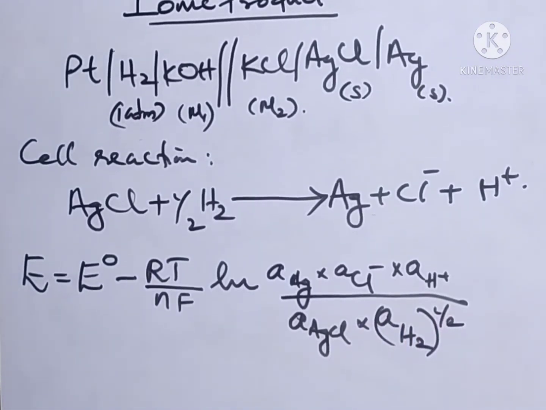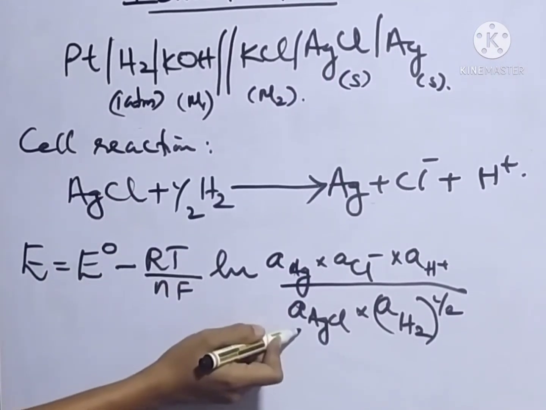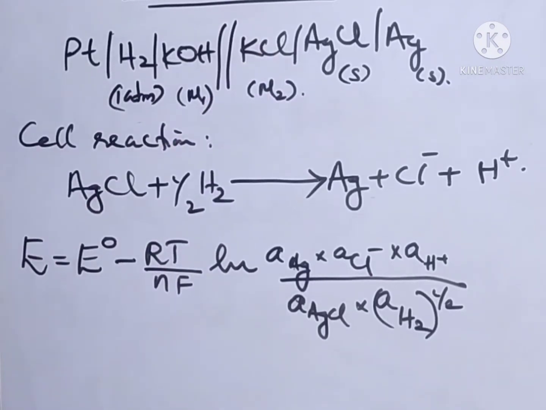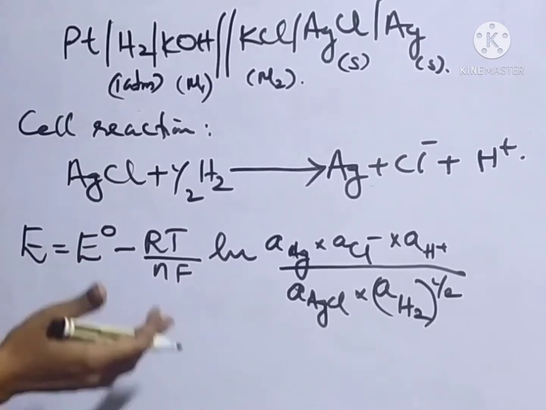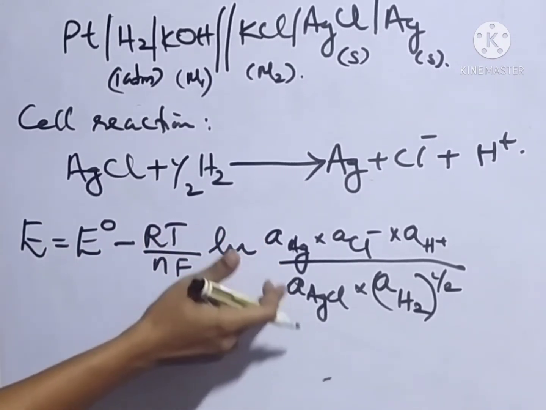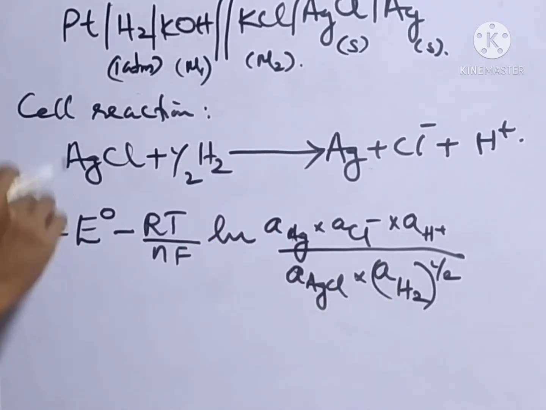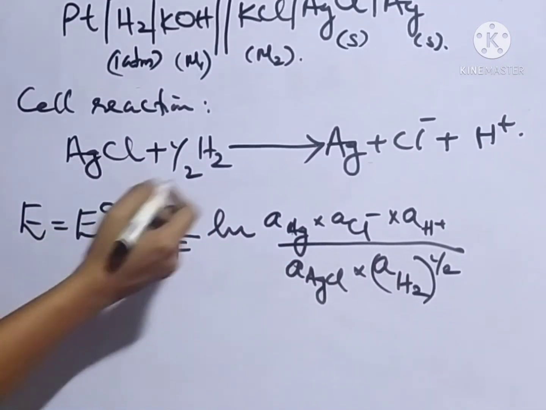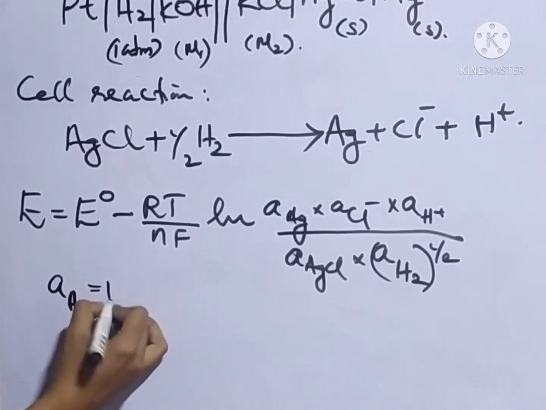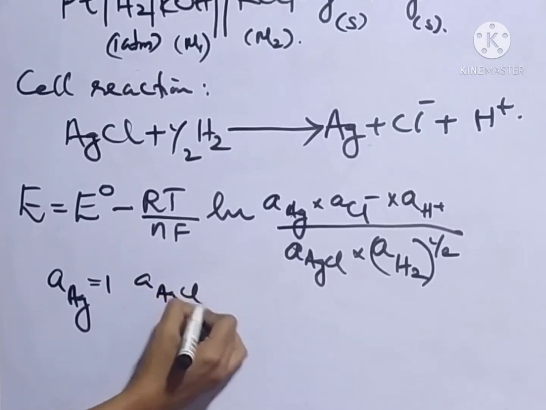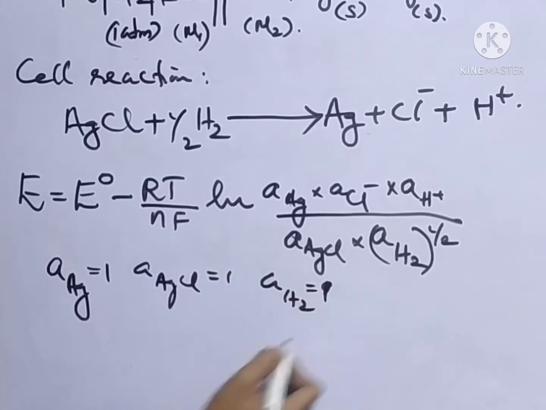Here Ag is a solid substance and AgCl is also a solid. We know normally the concentration terms of solids are considered as unity, so these two will be 1 and 1. And the activity of H2 is also considered as 1. So activity of Ag equal to 1, activity of AgCl equal to 1, and activity of H2 is also equal to 1.